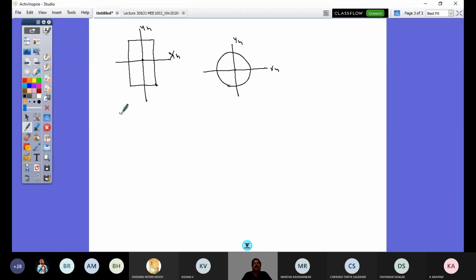Why is it so? Look at now, I have 4 identical areas spread in these 4 quadrants, right? So if I take here this point x comma y, I would have a corresponding coordinate here. This is x comma y, and here it is minus x comma minus y, and here it is minus x comma y, and in this case it is plus x comma minus y. So these are the coordinates.